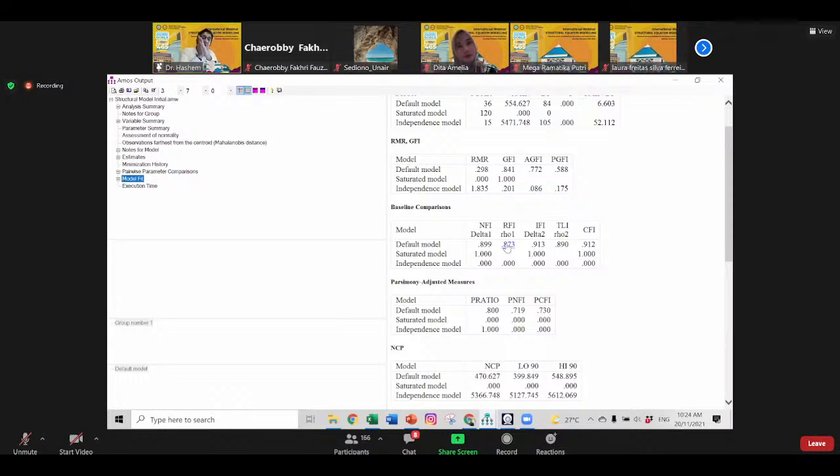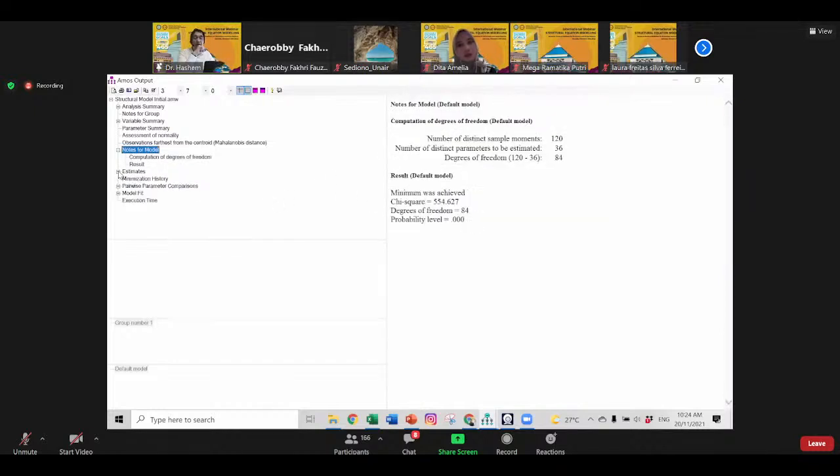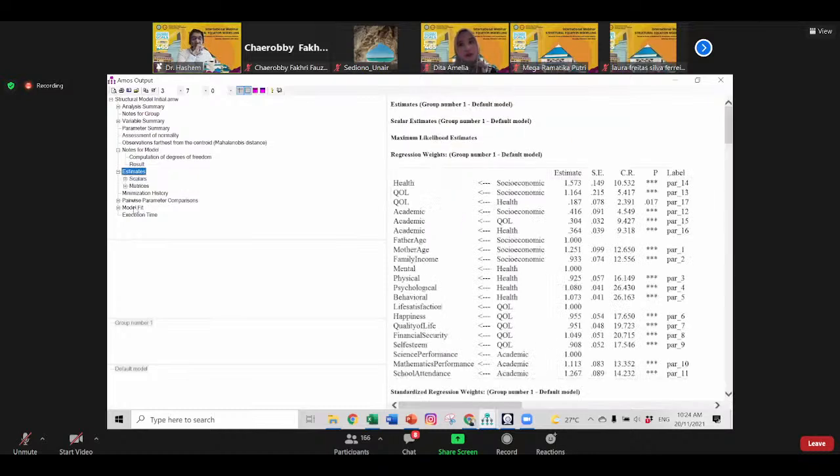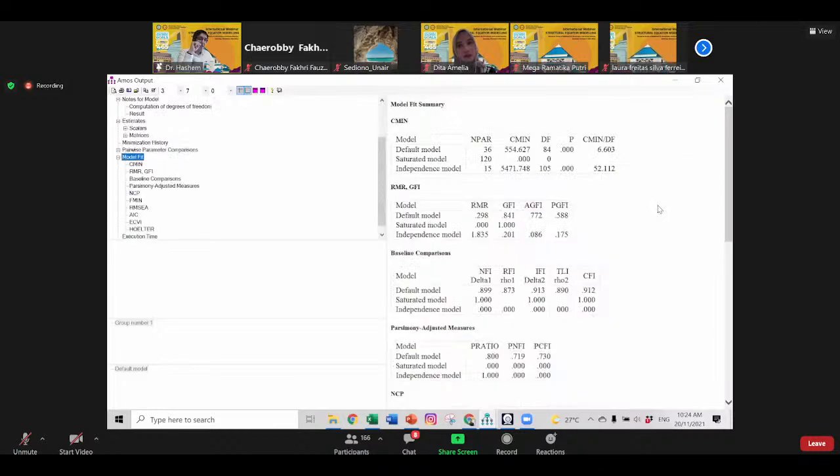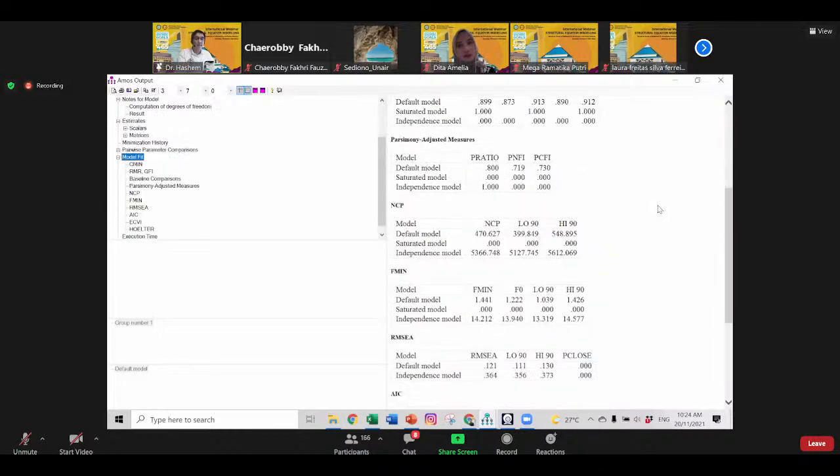If your model is not fitted, you have to go for modification indices. If the model is not fitted, you go for modification indices.